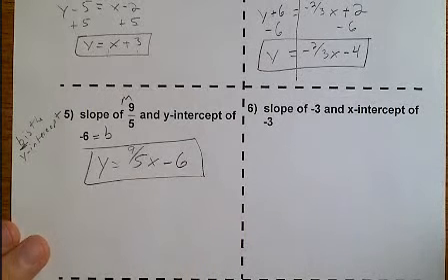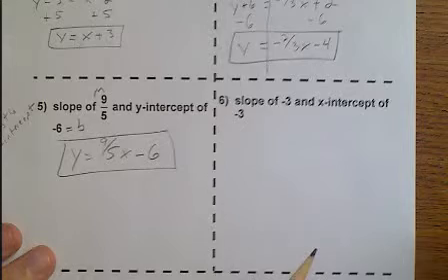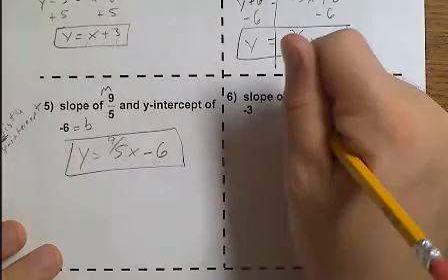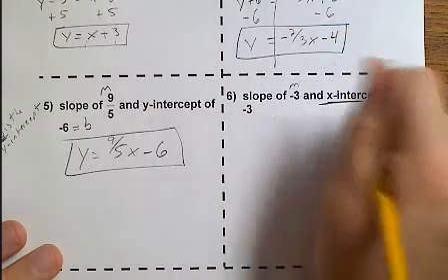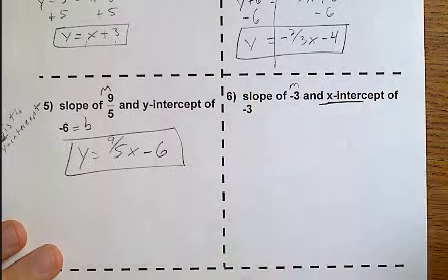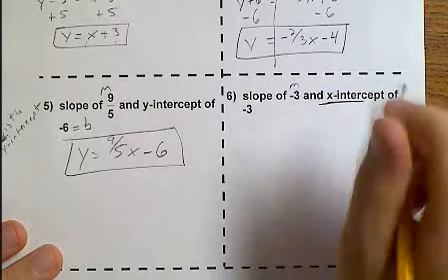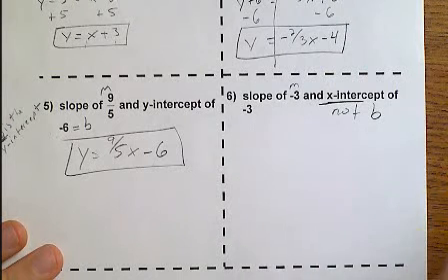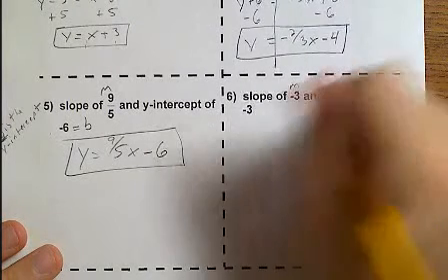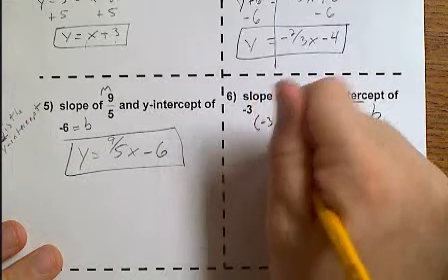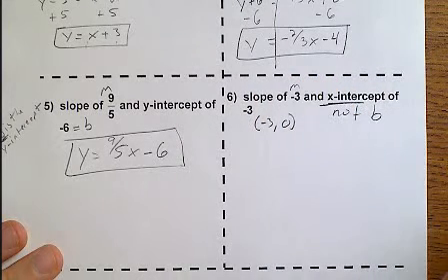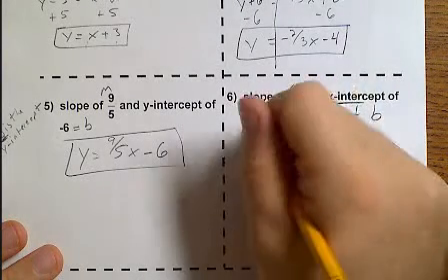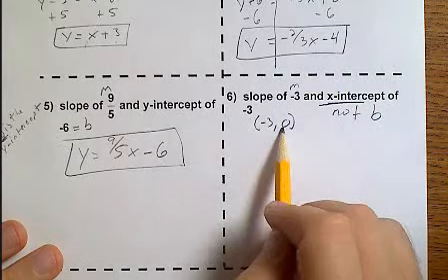Let's go ahead and try number 6. We have a slope of negative 3 and an x-intercept of negative 3. Now, x-intercept is not B. The x-intercept means that this is negative 3, 0. That's what that means. It means that y is 0.